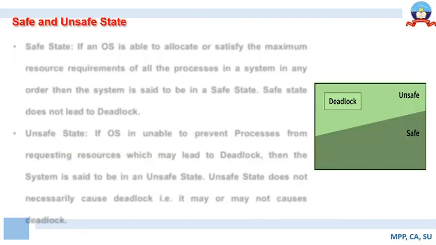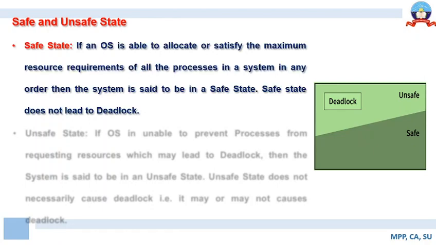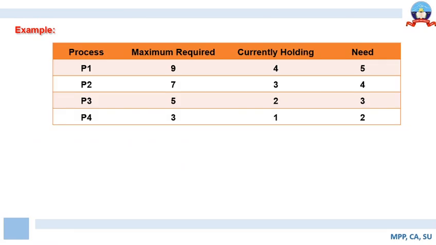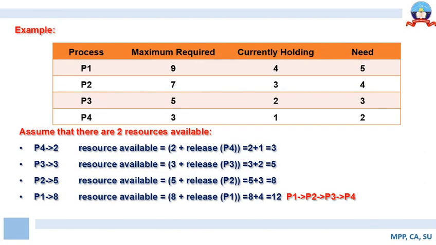Then we moved on to the definition of safe state and unsafe state, where we tried to understand them with the help of a very neat schematic representation. Then we discussed an example by taking into consideration the process set and the allocation set, and determining the need. With the number of instances of resources available, we tried to determine whether deadlock will be there or not, and then proceeded with the allocation sequence.